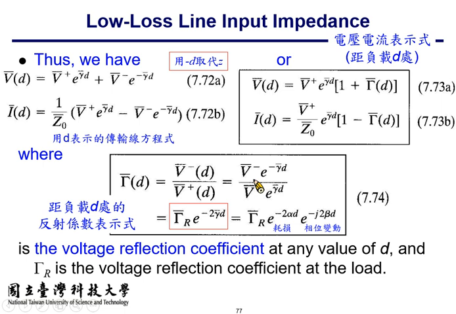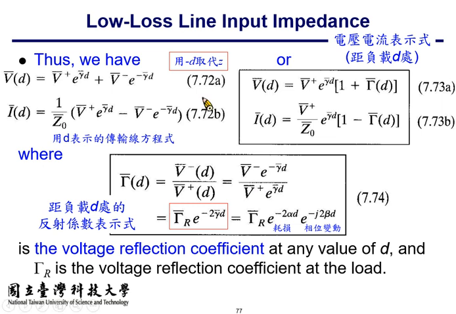Exponential minus gamma D can be further decomposed into exponential minus alpha D times exponential minus j beta D. Okay? So it comprises the adjustment in magnitude and the adjustment in phase. Gamma D comprises both adjustment in phase and magnitude.